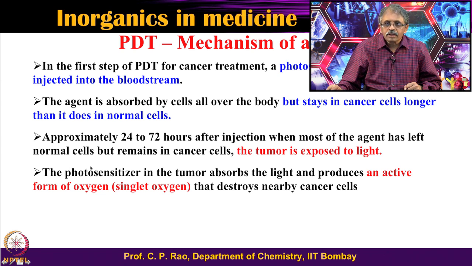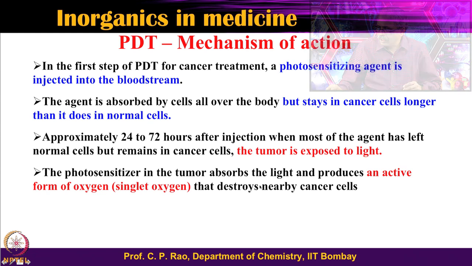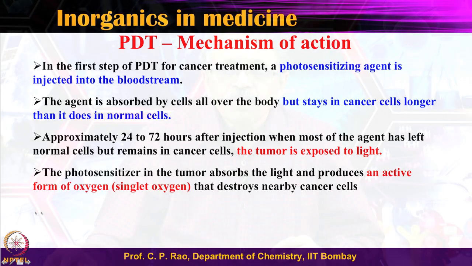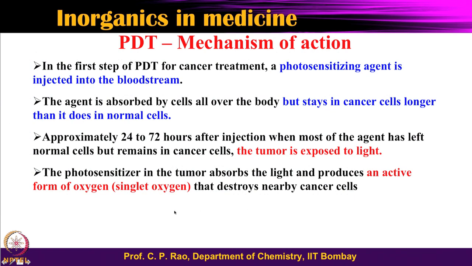All the other unbound species will go out, and only the cancer cells will remain. The tumor is now exposed to the light. So, the photosensitizer in the tumor absorbs the light and produces the active form of oxygen, singlet oxygen, superoxide radical, hydroxyl radicals, etc., and these destroy the nearby cells.